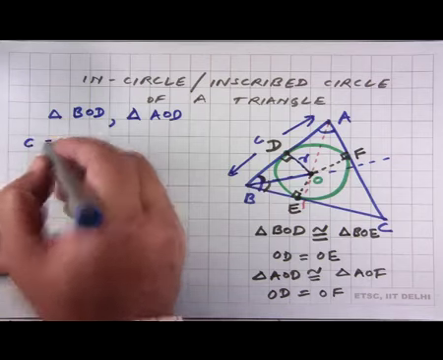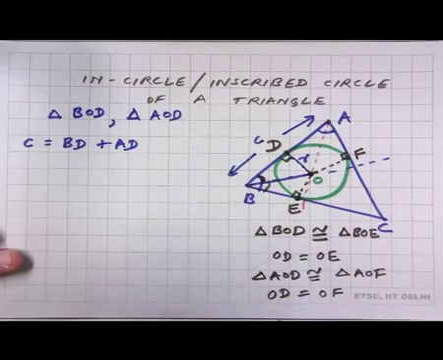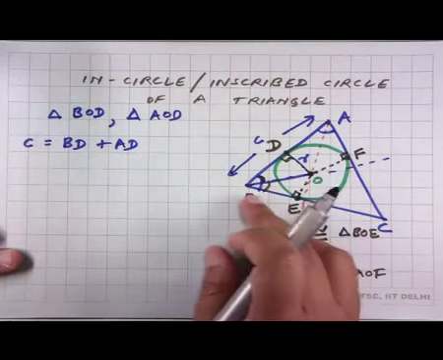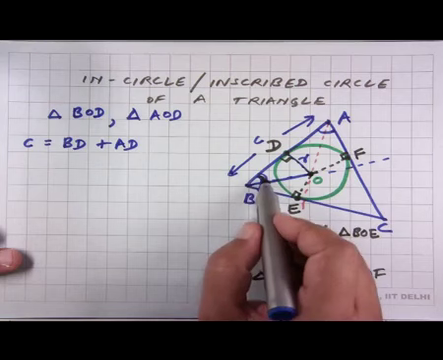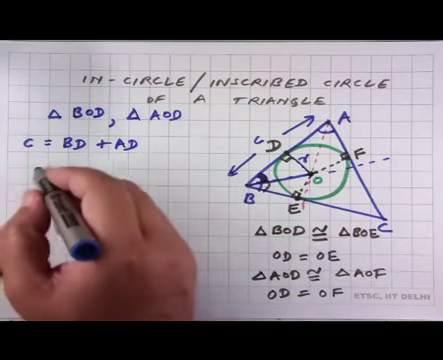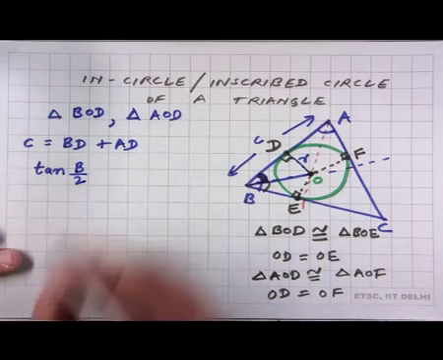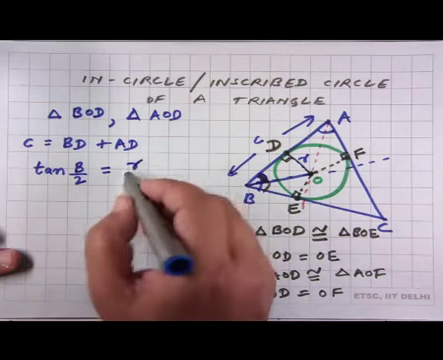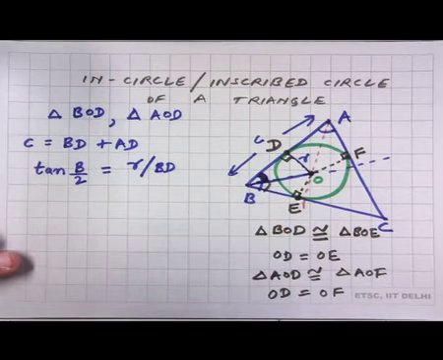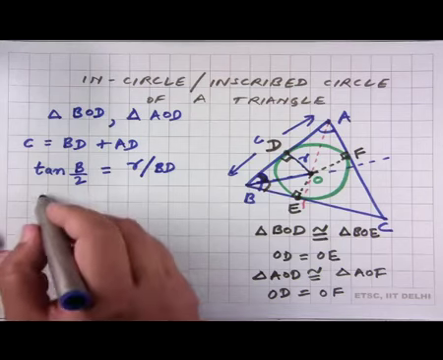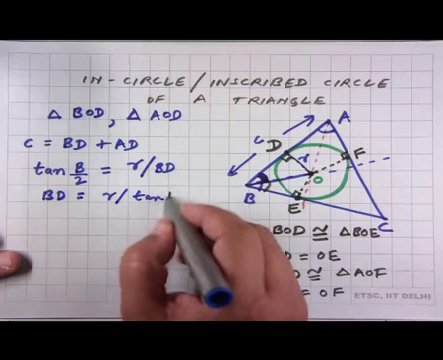So, we know that this c is actually equal to BD plus AD, but BD is one of the sides of the triangle BOD, and in fact, since this half angle is B by 2, we know that tan of B by 2 is equal to r upon BD, from which it follows that BD is equal to r upon tan B by 2.